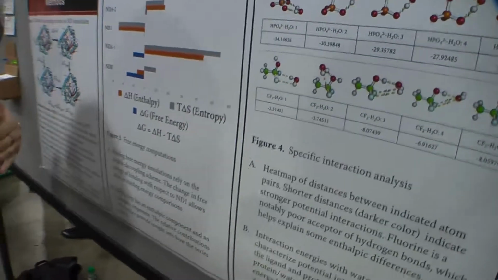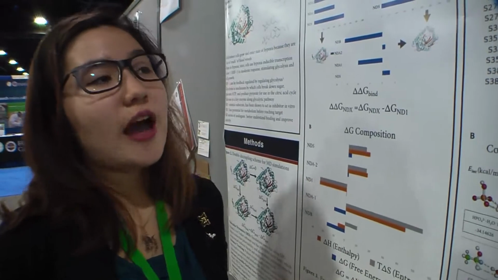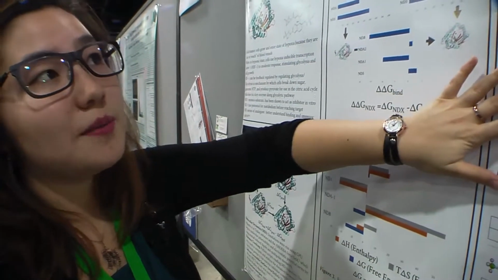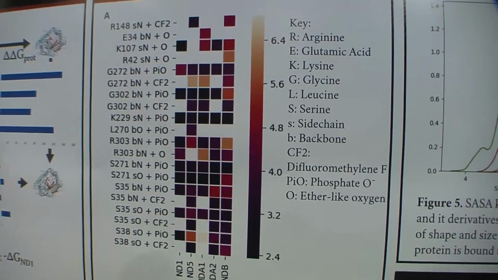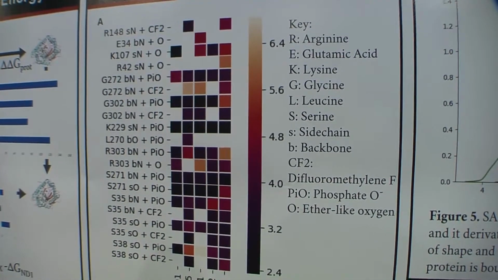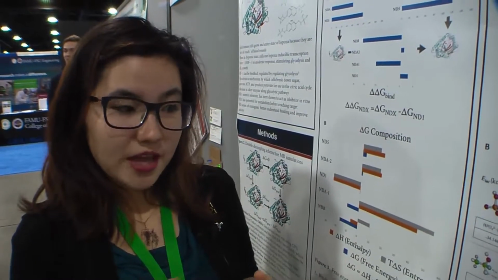Now, an enthalpic component is going to consist of a sum of smaller interactions, and in this case we were able to characterize interactions which are shown here in a heat map. Darker color indicates a shorter distance between the two atoms, so what we did is we tracked the distance over the course of our simulation and took the mean.